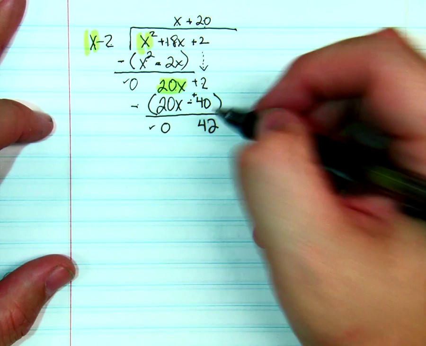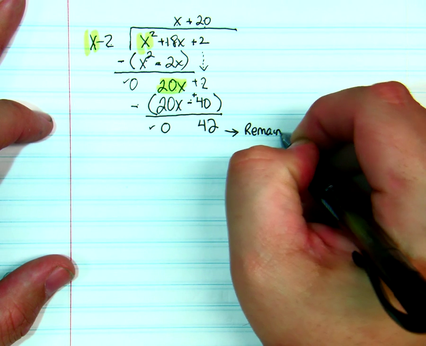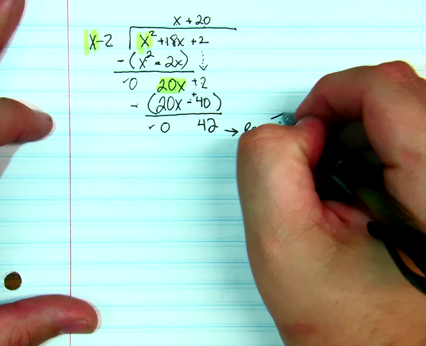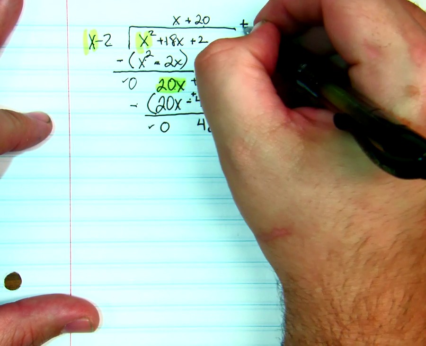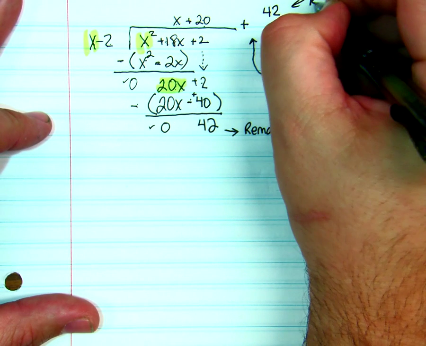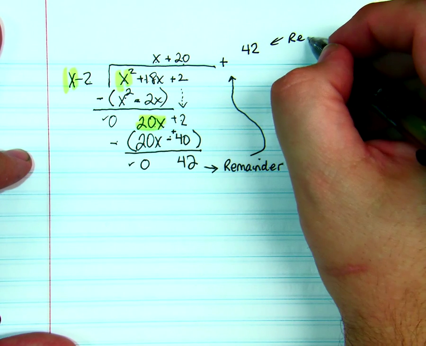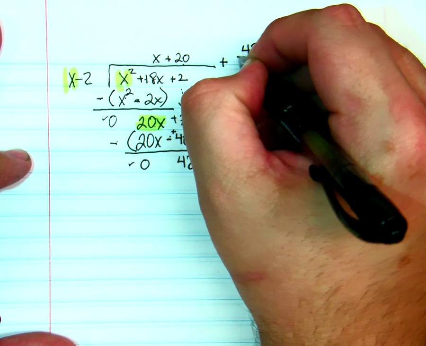The way that we write the remainder is we go up to the top here, put a plus sign, and then put 42, the remainder. And what do we divide by to begin with? What's the binomial we're dividing by? X minus 2.